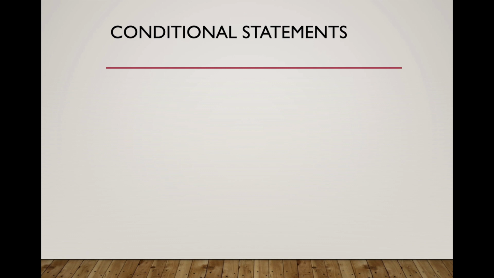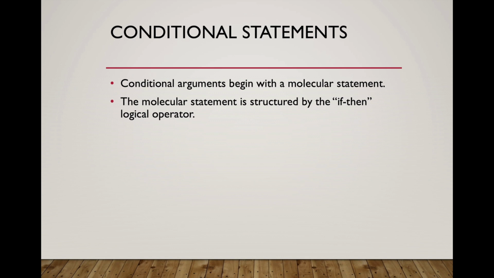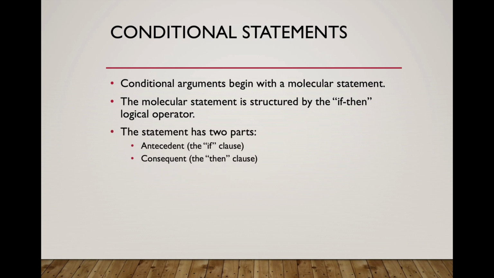So let's start with conditional statements. Conditional arguments begin with a molecular statement, and in conditional arguments, those are conditional statements. The molecular statement is structured in a conditional by the if-then logical operator. And so we say that statement has two parts.